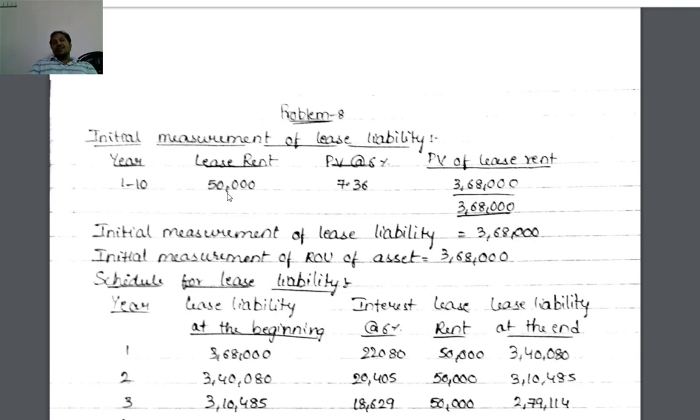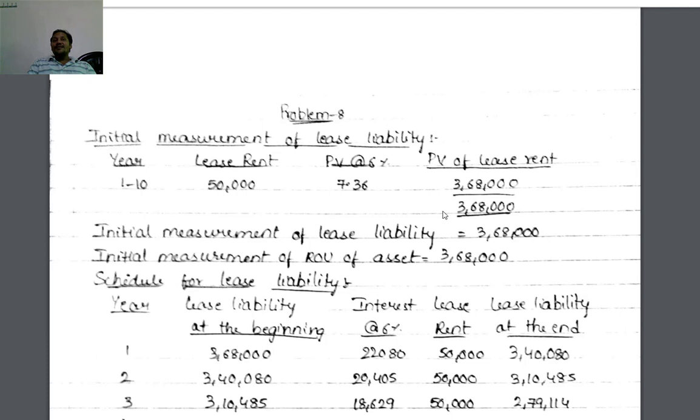Repetitive lease rent is there, so we can go for annuity factor. Annuity factor for 10 years at 6% is 7.36. Present value of lease rent, 50,000 into 7.36, 3,68,000. So initial measurement of lease liability is 3,68,000.